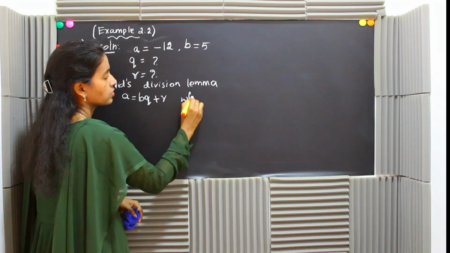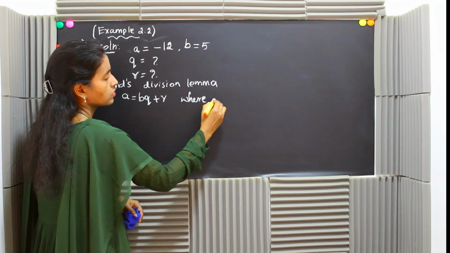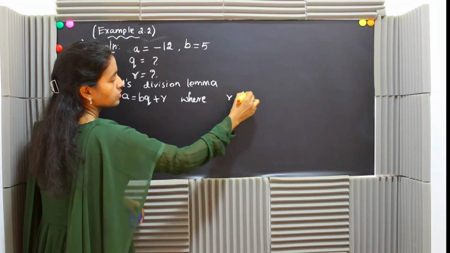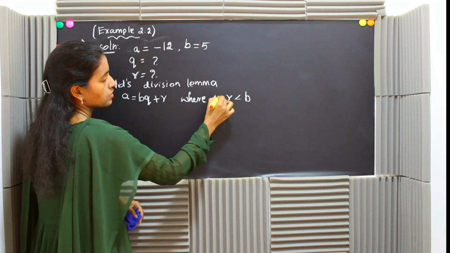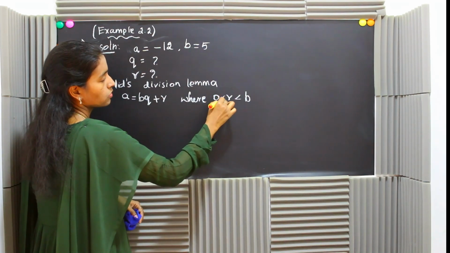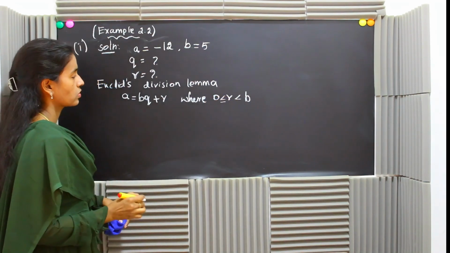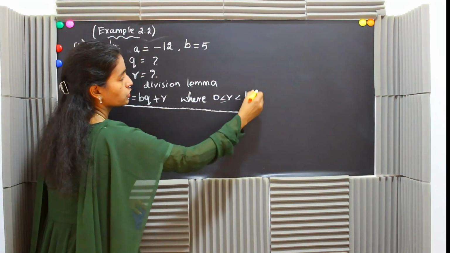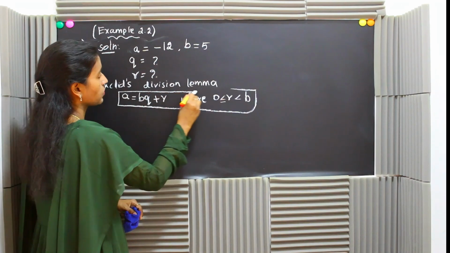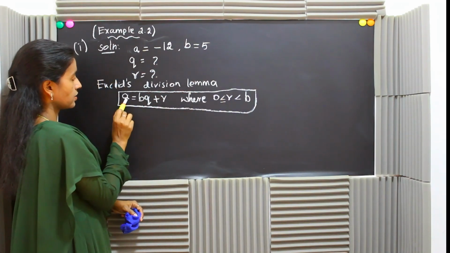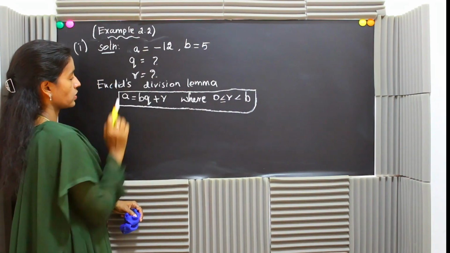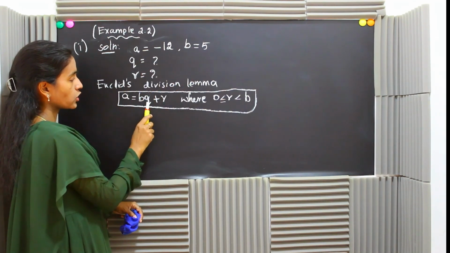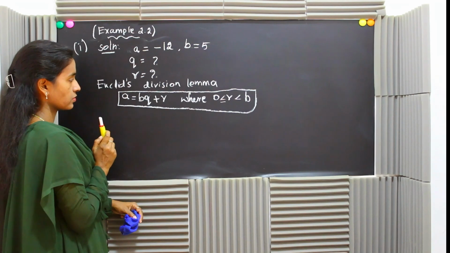Where R is greater than or equal to 0 and less than B. This is the formula for Euclid's division lemma. Here A is minus 12, B is 5, and we have to find out Q and R.